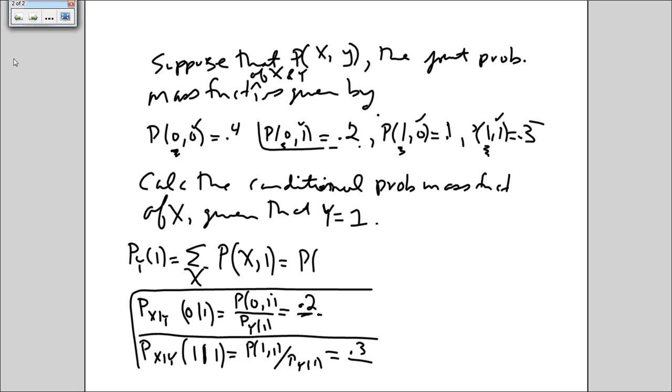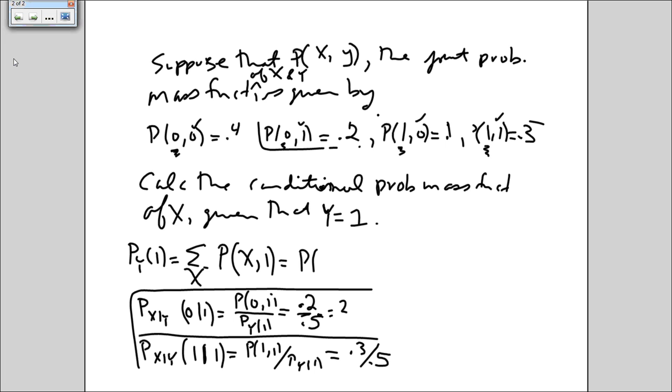Now, other than reducing a little bit, I'm done. Over 0.5, over 0.5.